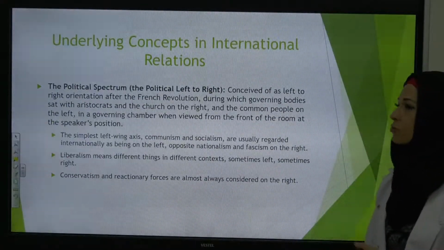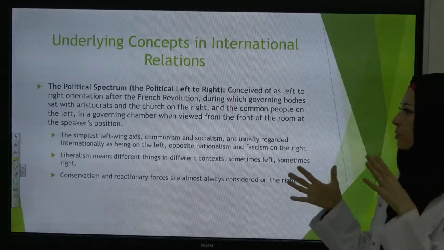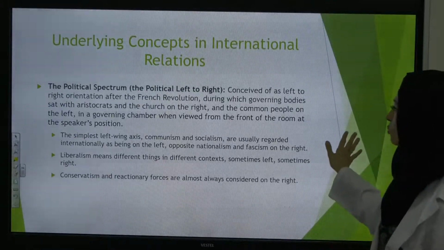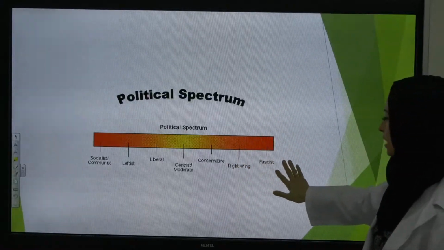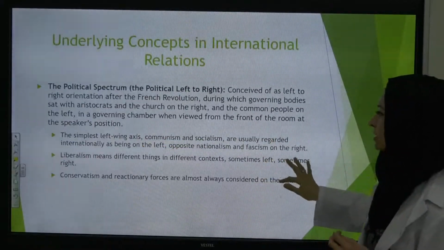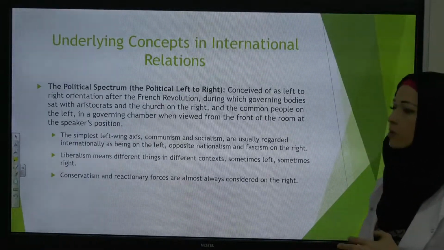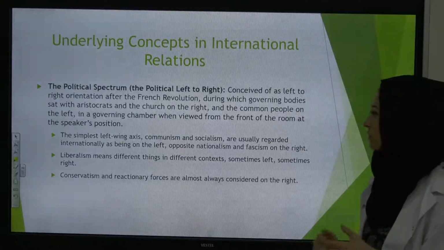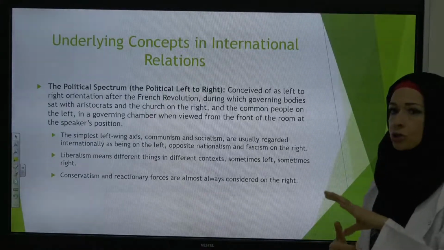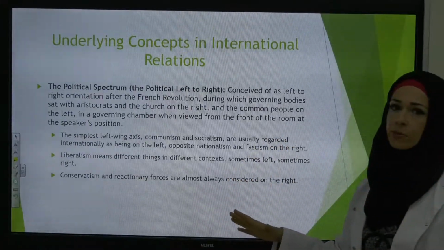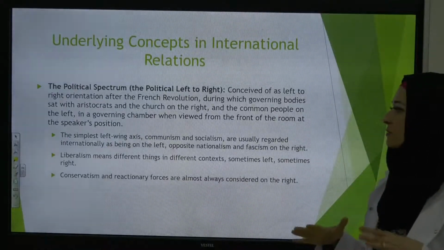Now, the political spectrum, we talked about this, so this would be review for you guys. We have the political left to the political right, which is illustrated in this chart here, okay? We'll come back to the chart in a second, just to explain what the spectrum is. Now, it's conceived of as a left to right orientation after the French Revolution, during which governing bodies sat with aristocrats and the church on the right, and the common people were on the left, in a governing chamber when viewed from the front of the room at the speaker's position.